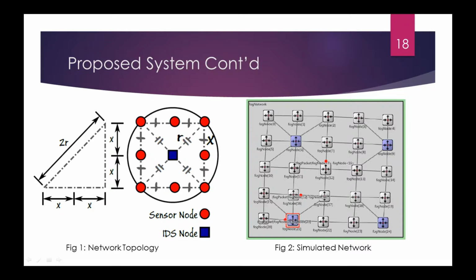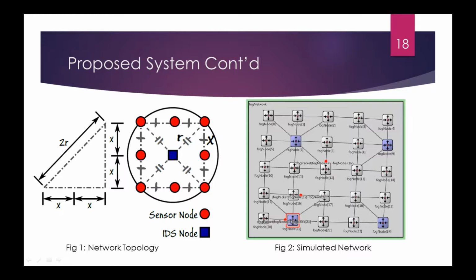This arrangement allows the system to have at least one IDS node for a set of sensor nodes one hop away, as shown in the figure on this side.